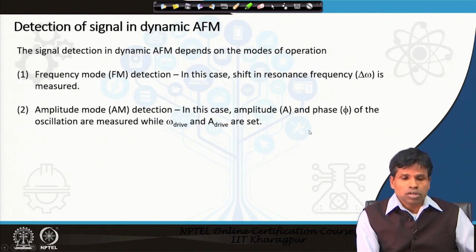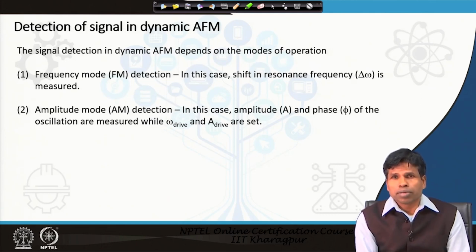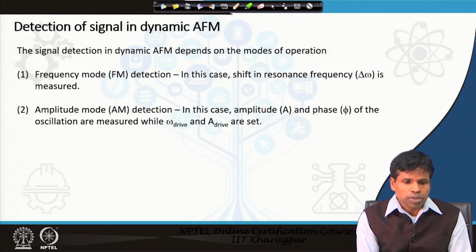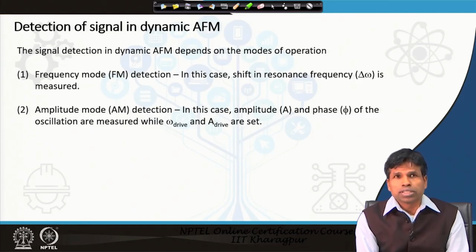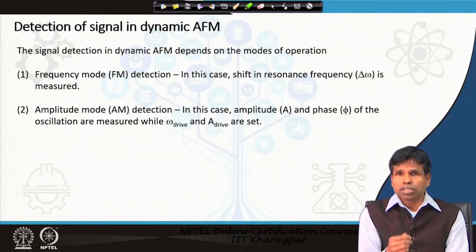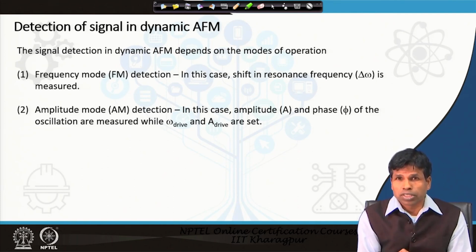As far as detection in the dynamic mode of AFM is concerned, there are two primary modes of detection. One is frequency mode detection. In this case, the shift in the resonance frequency due to the tip sample interaction is measured.